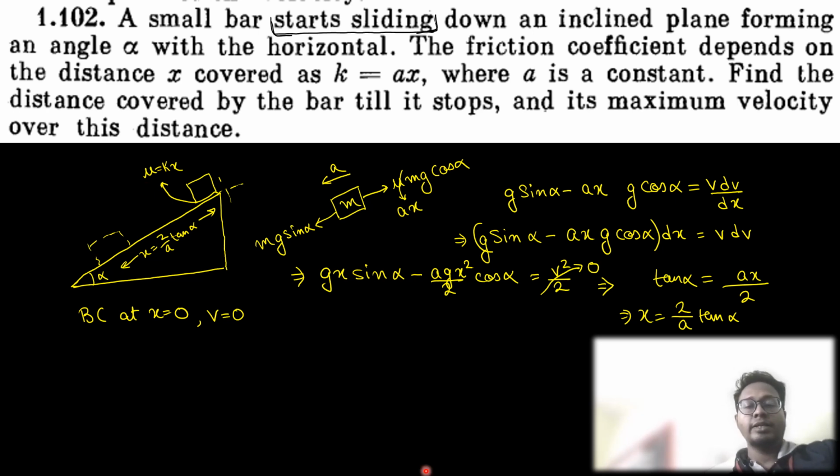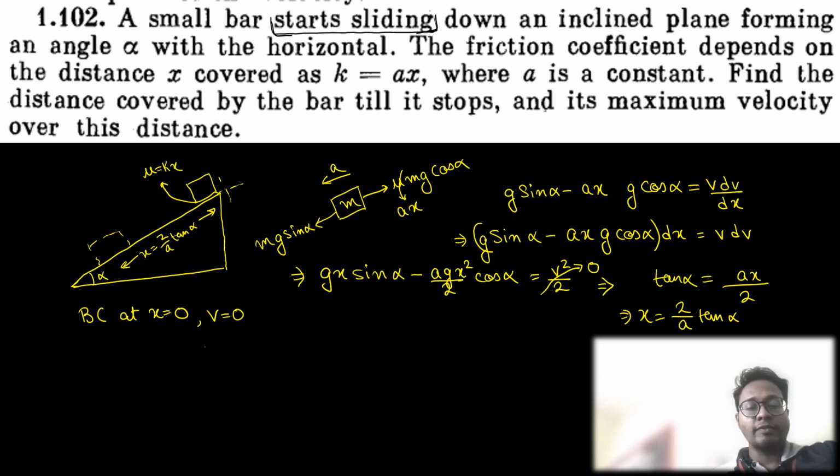So can I say that gravity force is dominant at the initial point, and after a certain point when the direction of acceleration reverses, friction force is dominating. So it started from 0 and the velocity is increasing. It will only start decreasing when the direction of acceleration is reversed.